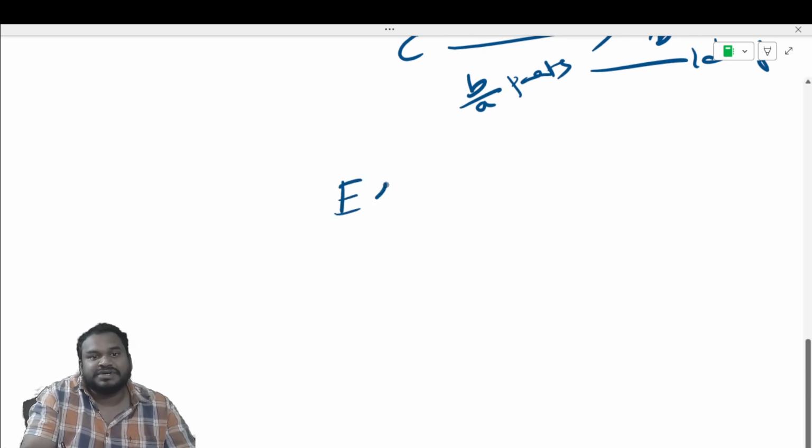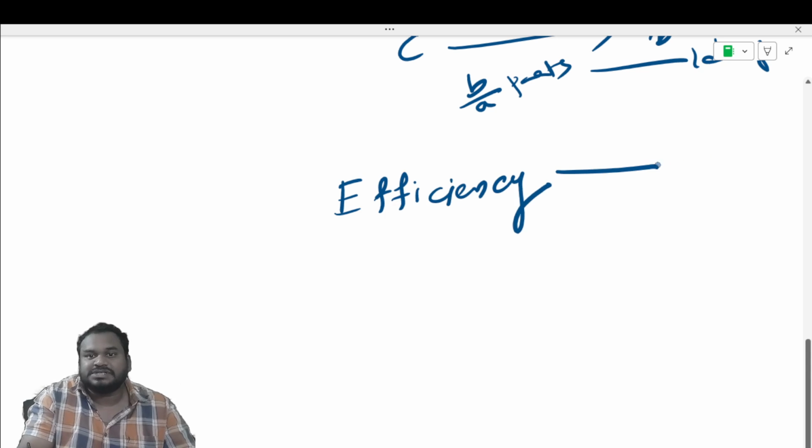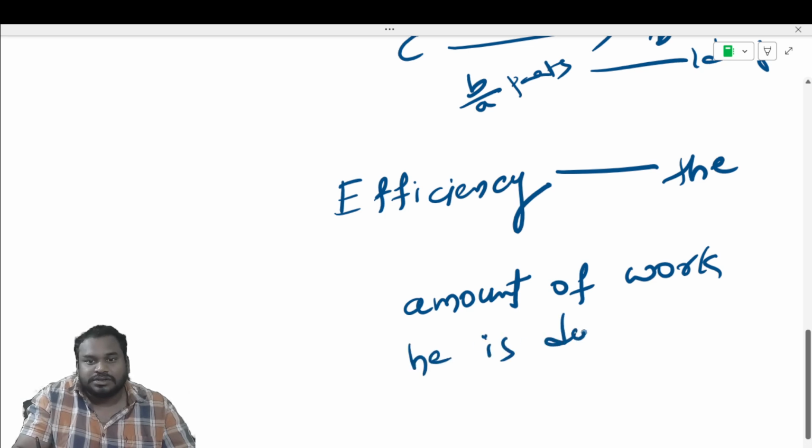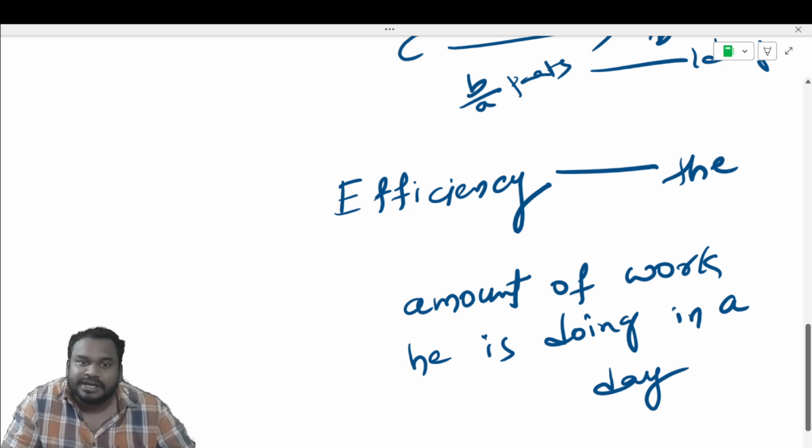It is the efficiency of that person. Efficiency is nothing but the amount of work he is doing in a day.